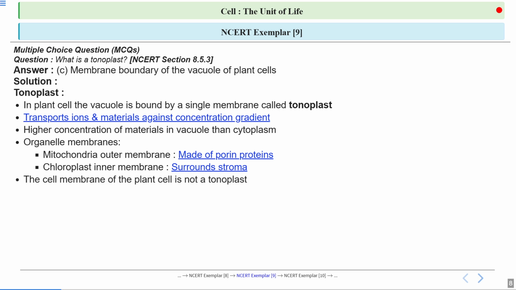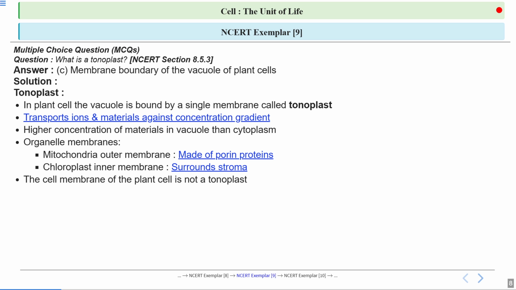The cell membrane of the plant cell is not a tonoplast, right? That is a very typical type of membrane, and every cell has it, whether it is a plant cell or an animal cell, they all have the cell membrane. So that is a very different type of membrane than the tonoplast. And you can also say that the tonoplast has a very different structure, because they are working against the concentration gradient.